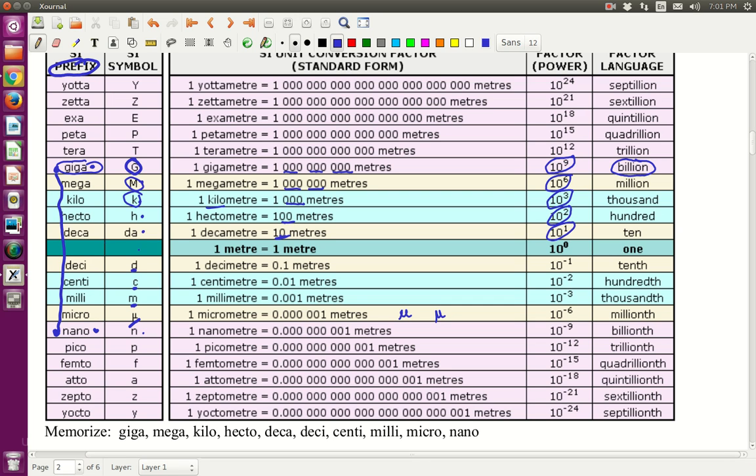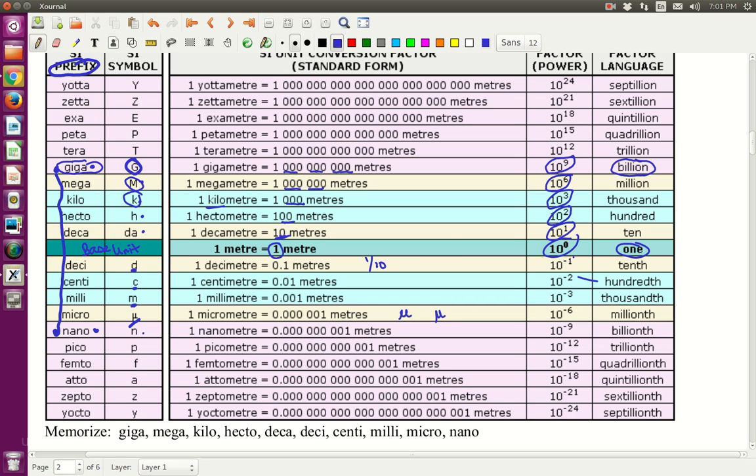And right here would be the base unit. And the base unit has no prefix on it. All right, the base unit has no prefix. Look, it has a number 1 with no zeros. So it's 10 to the 0 power because any number to the 0 power is equal to 1. Deci is 1/10. So see 0.1, that's 1/10.